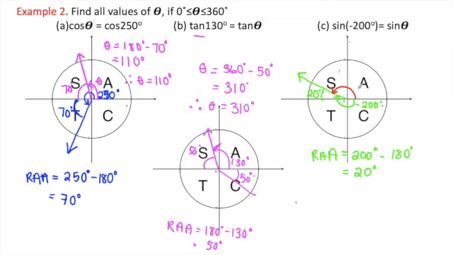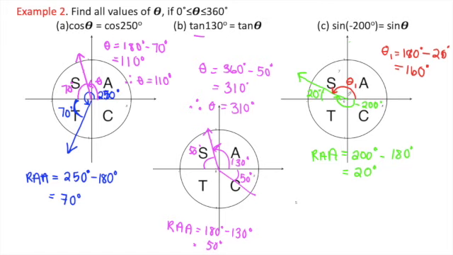So theta 1 is going to be marked here. It's going to be 180 degrees minus that 20 degrees, which is going to be 160 degrees. Okay, so one extra little step compared to here because we had that negative angle to start. But then we're going to find our second theta. So we're looking at sine. Sine is positive in the sine quadrant.